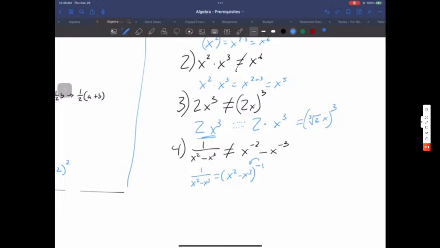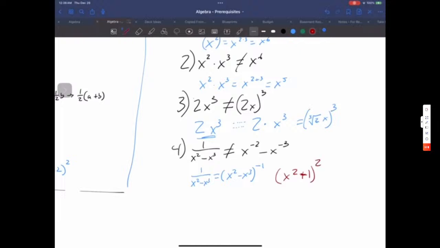inside the parentheses to each of the exponents. This is not correct because exponents don't distribute like that. Things that are multiplied do, but exponents don't. Think of it this way, just like we did with FOIL, right? And we'll do red here. x squared plus 1, right?